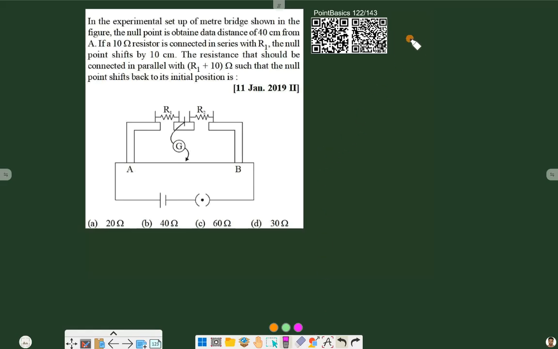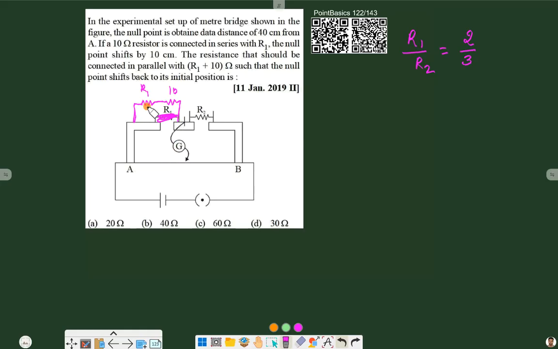So initially we had R1 by R2 equal to 40 by 60, or 2 by 3. Now what we did, we added 10 ohm in series, so R1 plus 10, and now the balance point shifts by 10 centimeter.